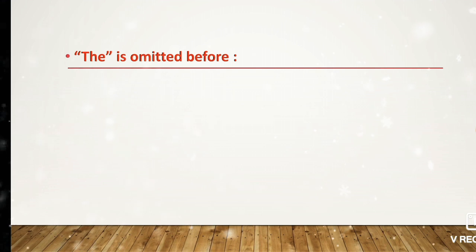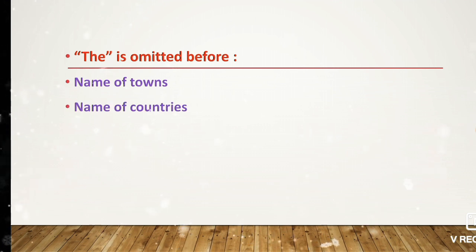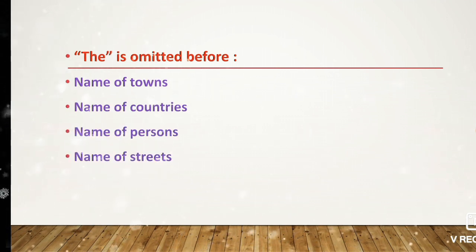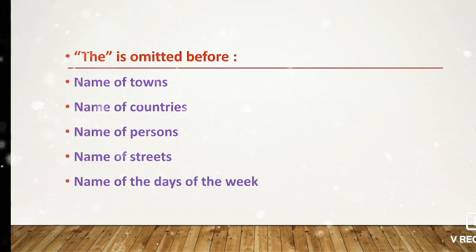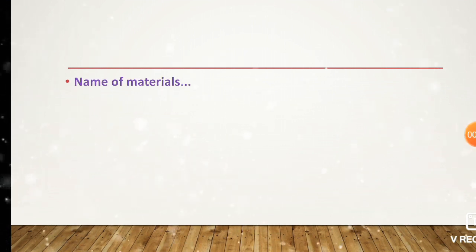Then the last part of this video is where the is omitted, meaning when we do not use the article the: before names of towns, names of countries, names of persons, names of streets, names of the days of the week, names of the months of the year, names of materials.